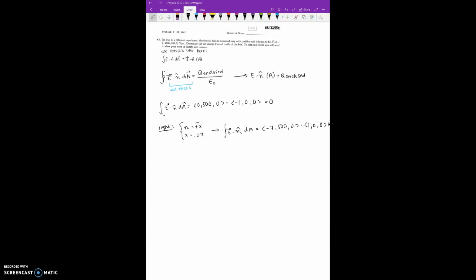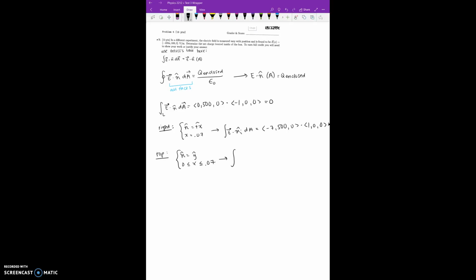Okay, and that makes sense, so we're going to move on to top. And here again, we have to divide it once more. So N is in the positive Y direction, and our X is between 0 and 0.07.